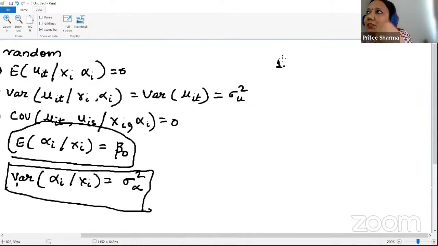One is the time variant heterogeneity, and the other is the heterogeneity which is time constant.